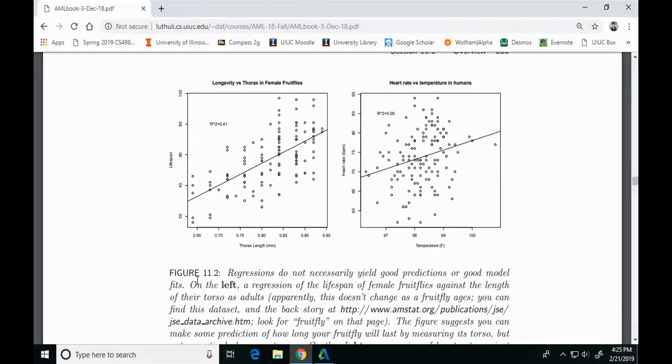And because of that, there's definitely a trend there. As fruit flies get longer, their lifespan is longer. So we could definitely do some regression and get a trend, but we can't do a very good job on it. We also can't assign causation here, because we don't know why a higher length would result in a longer lifespan.